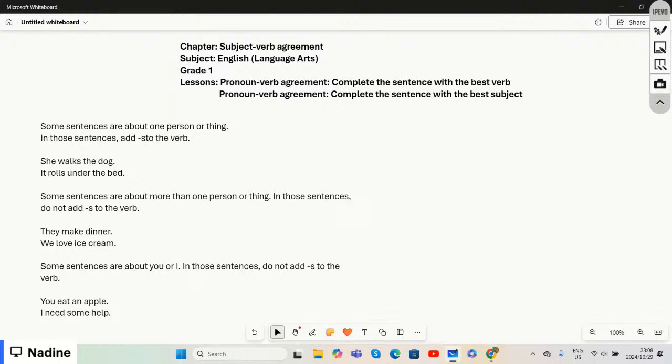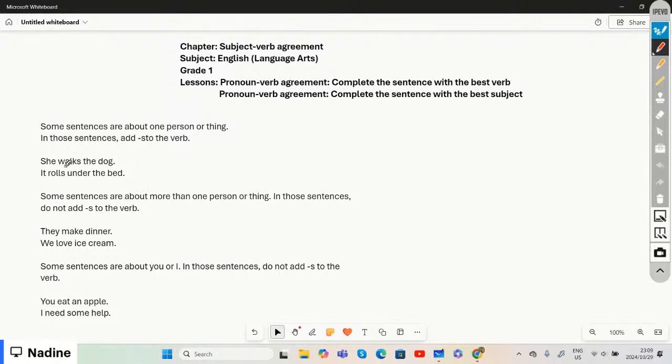Before we go on to our examples, we said that in some of our sentences, it is about one person or one thing, one boy or one girl, one animal or one thing doing something.